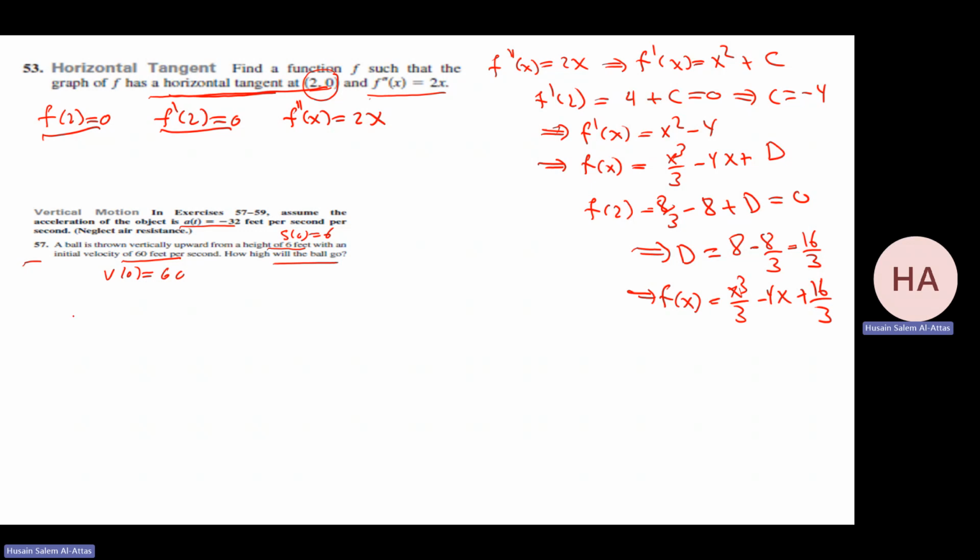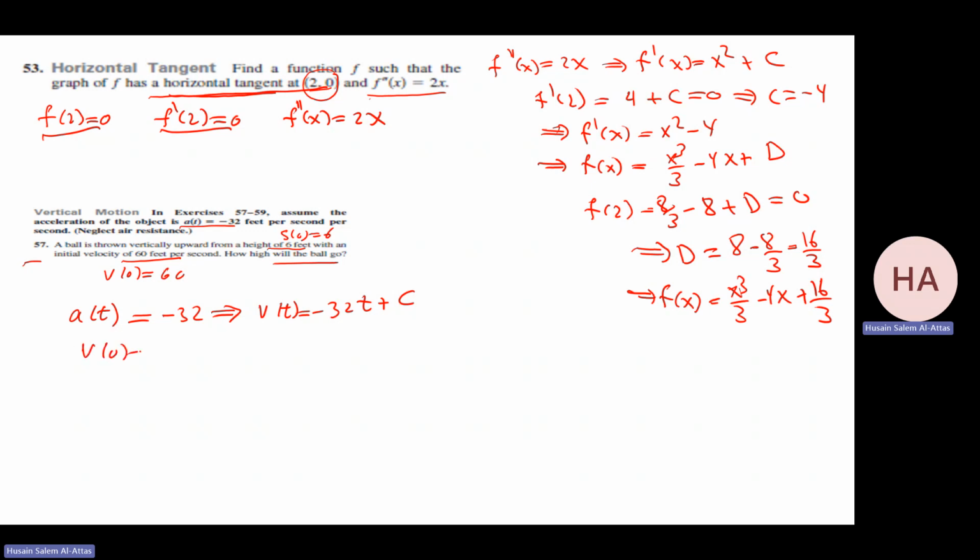Okay, I have a of t, which will be what? Yeah, minus 32. So v at t is minus 32t plus c. I have s at 0 equals 6. No, v at 0 I need.